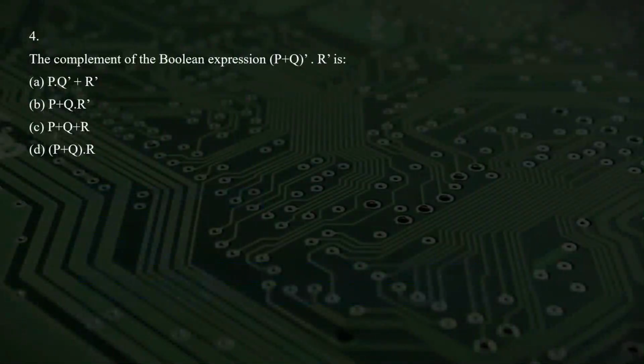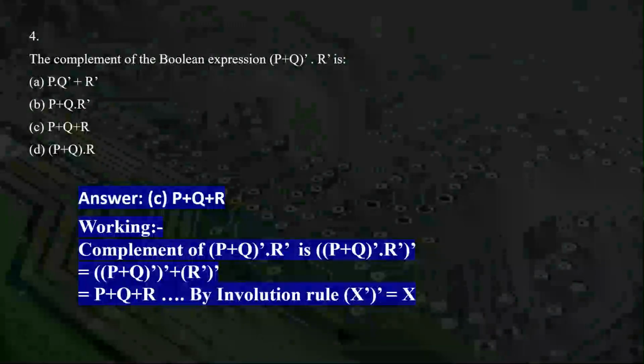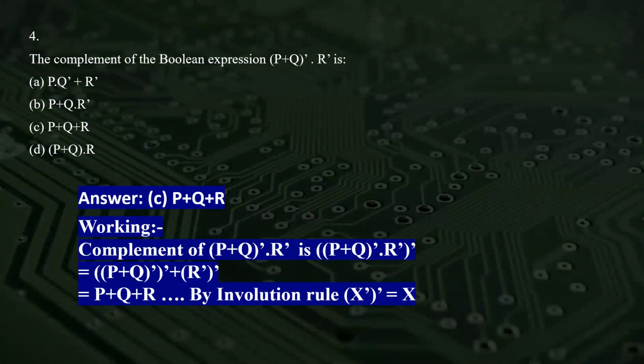Next, complement of Boolean expression P dot Q whole bar dot R bar is option A, P dot Q bar plus R bar, P plus Q dot R bar, P plus Q plus R, within bracket P plus Q dot R. The correct option is P plus Q bar R. Let us see.